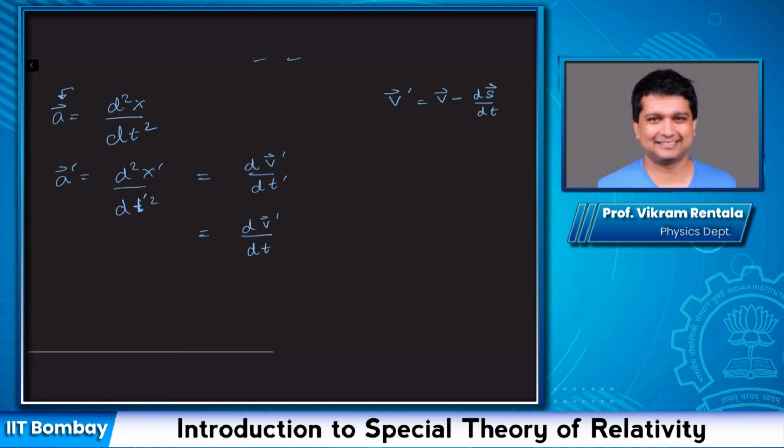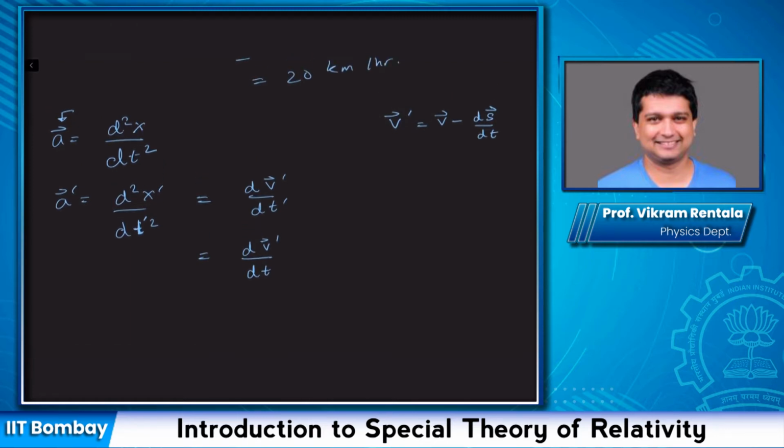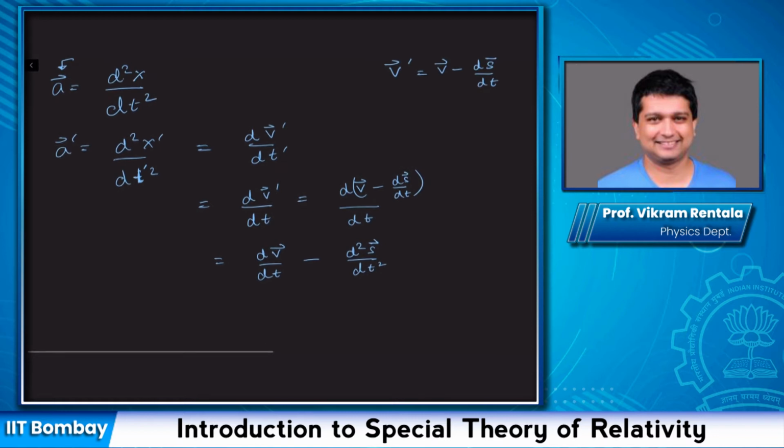And so now, when I look at dv prime by dt, this can be written as dv bar by dt minus d squared S bar by dt squared.